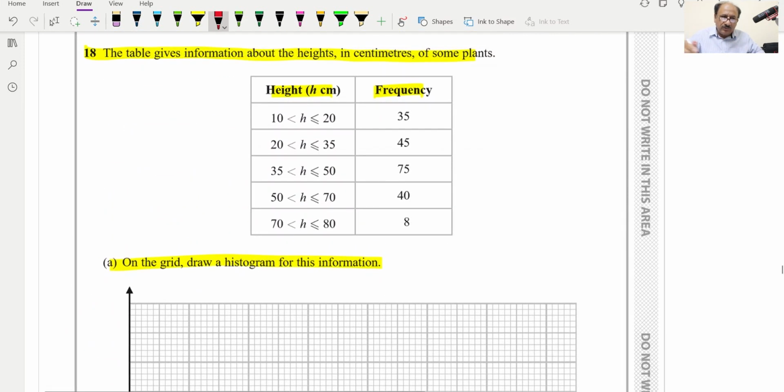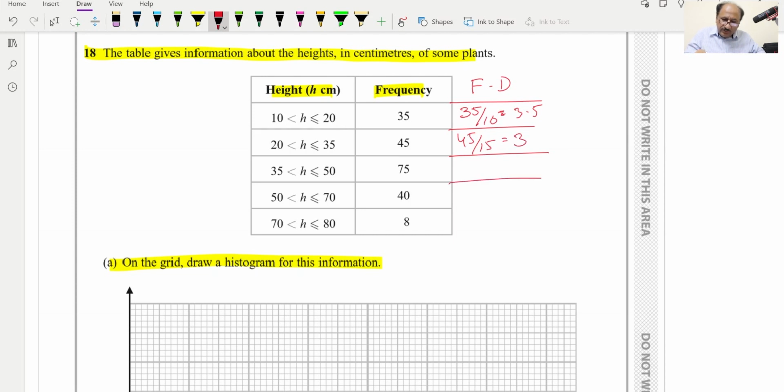So what we will do, we can find frequency density, and we can add a column of frequency density over here. This will be frequency divided by class width, which is 20 minus 10, which is 10, so this will be equal to 3.5. Similarly, for the next one, 45 divided by the class width, which is 15, will be equal to 3.